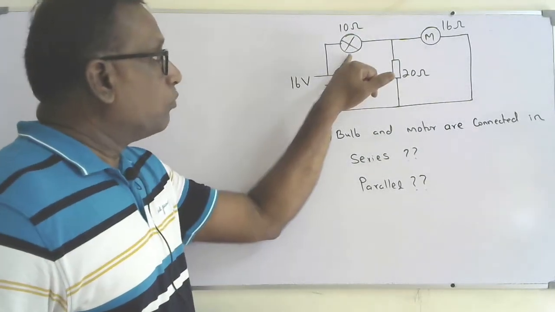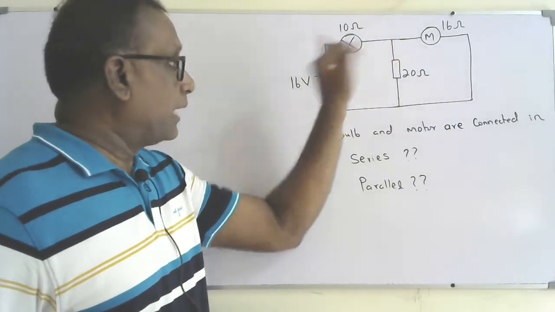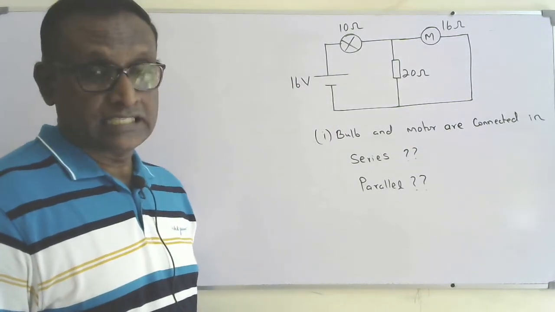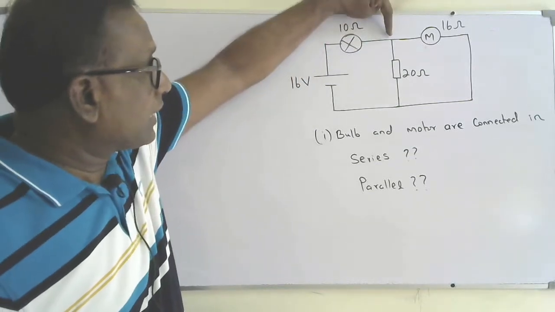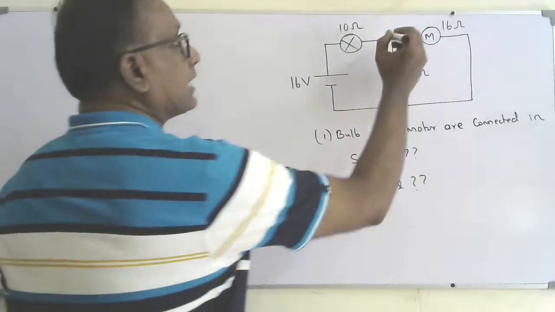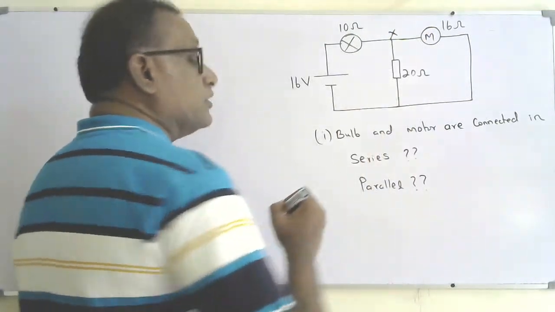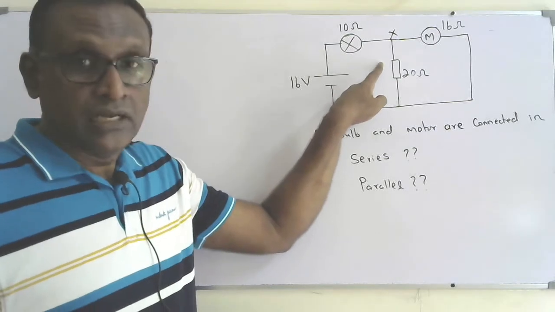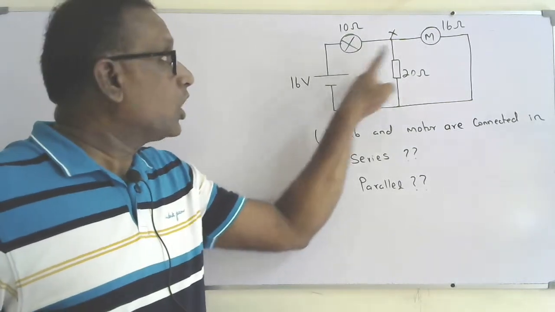When you think about the motor and the bulb, are they connected in series? No, they are not in series because there's a junction. You can see there's a branch and a junction. I can name this junction X, and from that X there is a branch. So that means they are not in series.